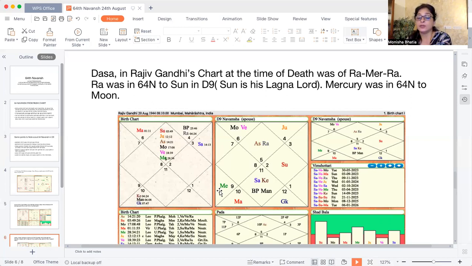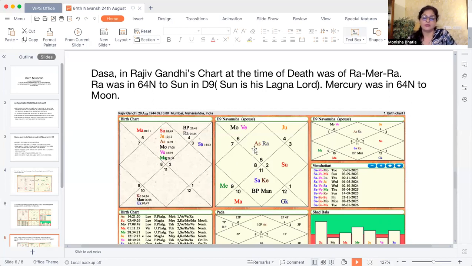So again, the Antardasha lord was looking problematic. Then the Pratyantar Dasha was also of Rahu. Again, Rahu, I explained to you, is in the 64th Navamsha to Sun, and Sun is the ascendant lord. He was having Leo ascendant. So these were some of the factors which indicated that the Dasha period is going to be problematic for the native.